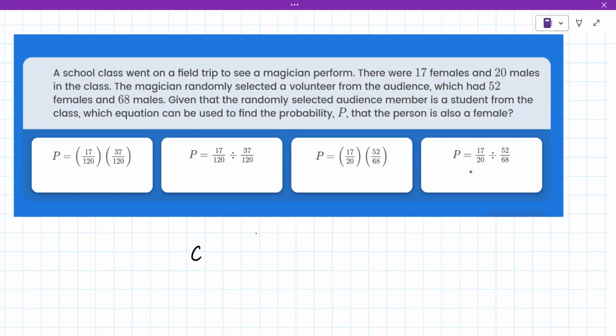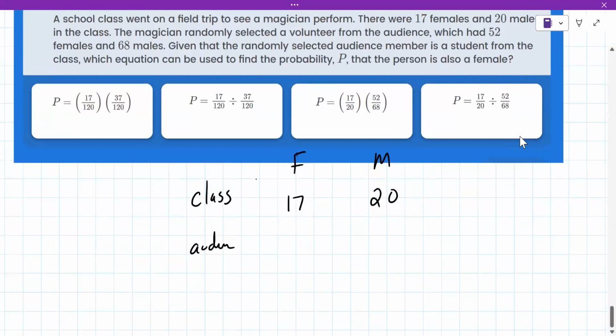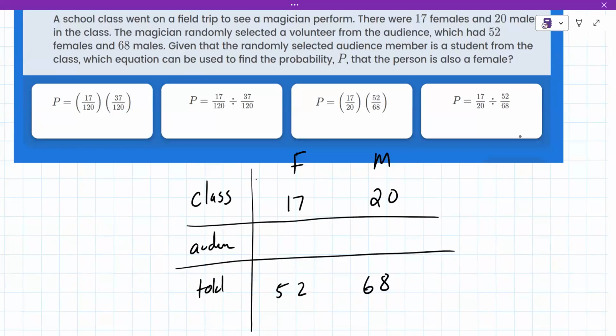So in your class, there's females and males. So there's 17 and 20, but with all the other audience members, there are a total of 52 females and 68 males, which means there's other people, other classes, we'll say, which is 35 and 48, like this.